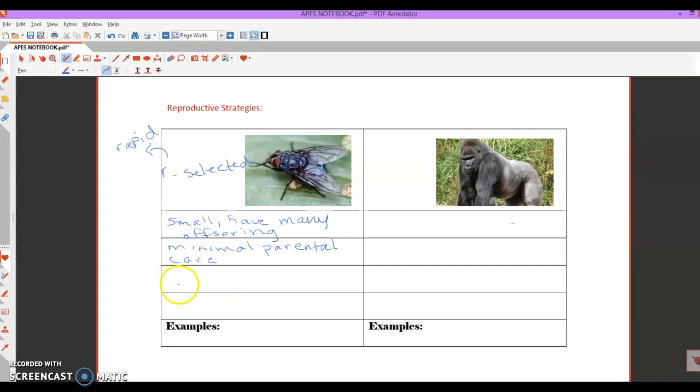Basically, they also die young. The average lifespan for a housefly is about 48 hours, so they don't live to be very old at all. So they die young, which means they have to mature rapidly.